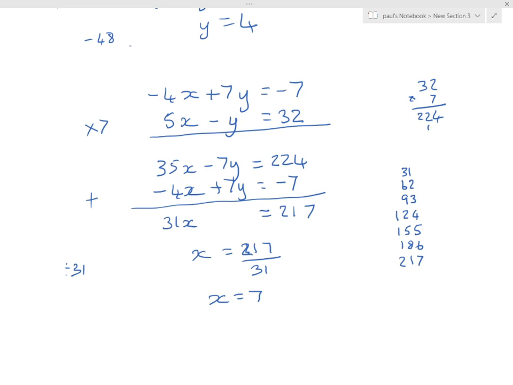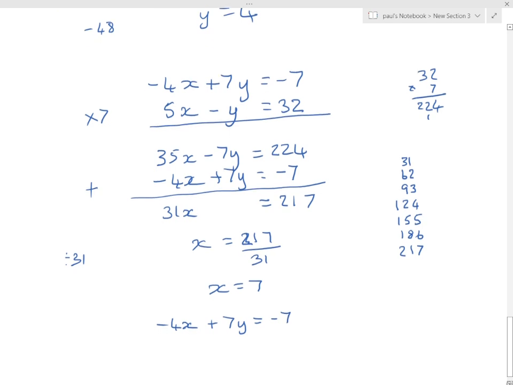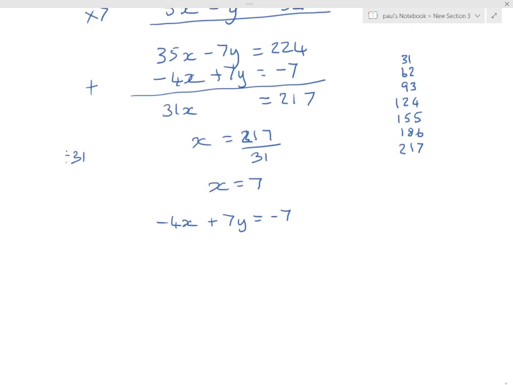All big numbers. 7 times 35. Ooh, don't want to do this, yeah? So I'm going to do minus 4x plus 7y equals minus 7. Okay, the 7 goes in there. So 4 sevens are 28. So that's minus 28 plus 7y equals minus 7.